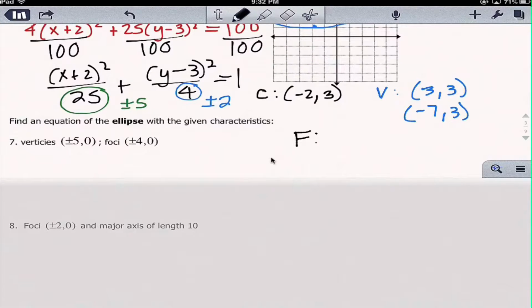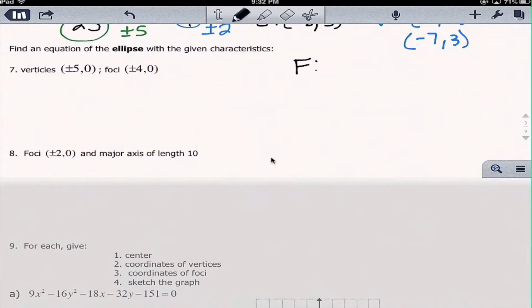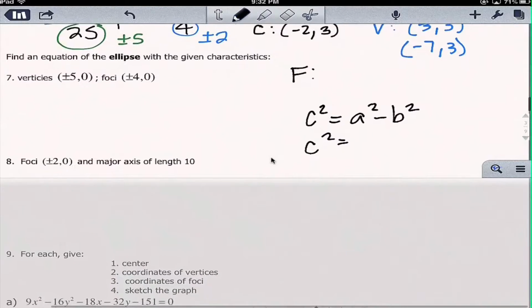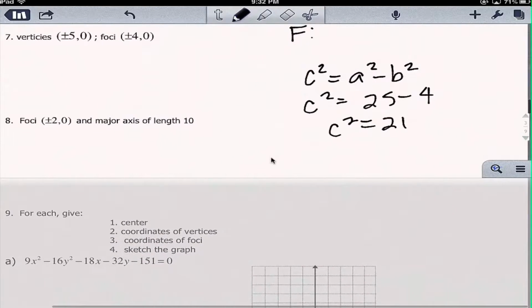The final thing I want to make sure that we understand how to do is find the foci. The way that we find the foci for an ellipse is c squared is equal to a squared minus b squared. I'm always going to take the bigger denominator minus the smaller denominator. So in this case, I would do c squared equals 25 minus 4. C squared would be 21.